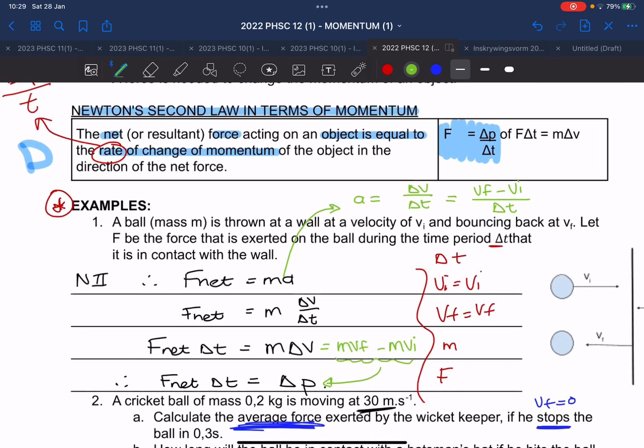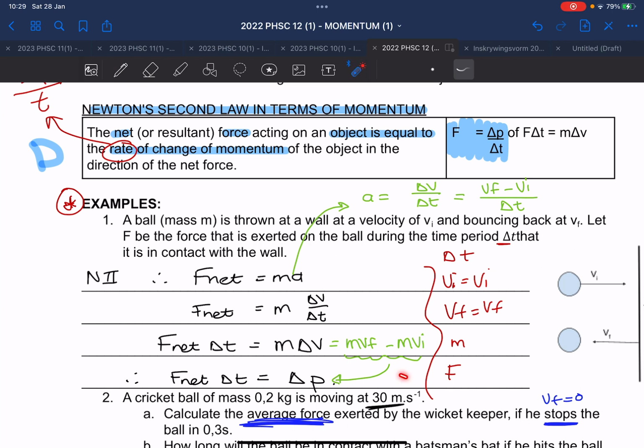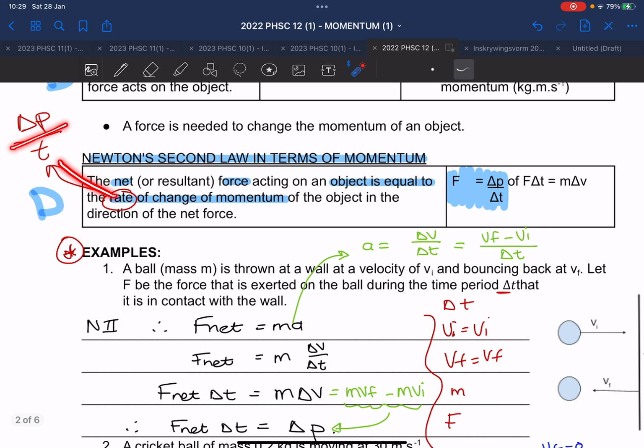Okay, and because of that, they want you to know this definition here. What is this definition? It's Newton's second law in terms of momentum. It says the net force or the resultant force acting on an object is equal to the rate, and rate means divided by time.